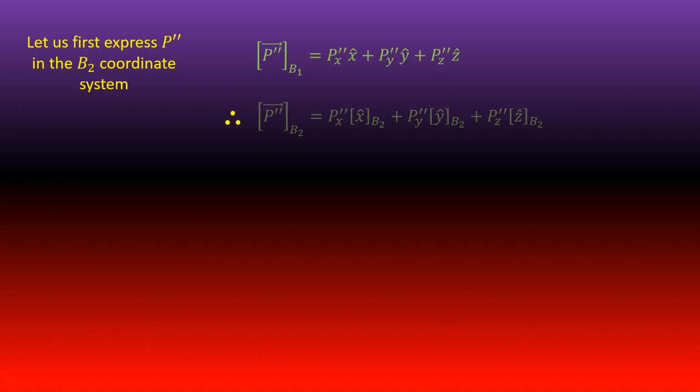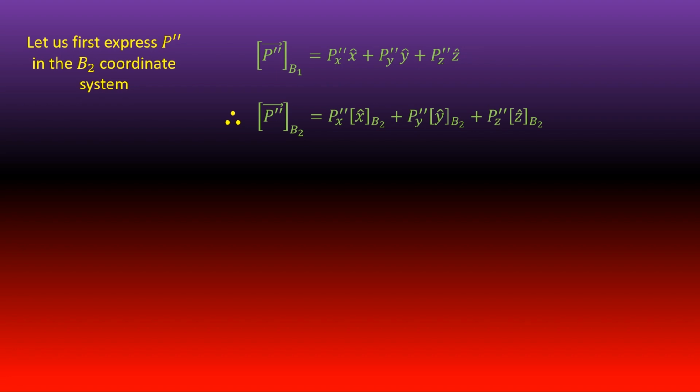All right, so now let's first express P double prime in terms of the B2 coordinate system. So we have P double prime in terms of B1 is P sub x double prime times x hat plus P sub y double prime times y hat plus P sub z double prime times z hat.